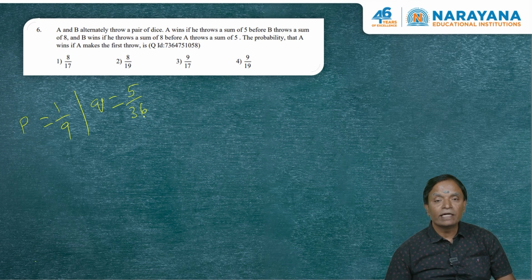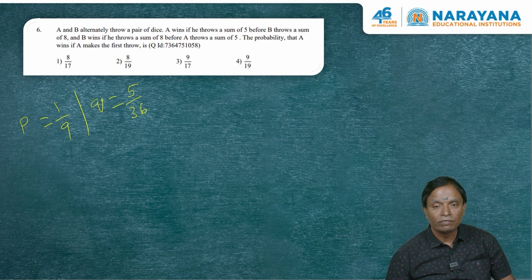Now, the probability that A wins if A makes the first throw: A will be getting the first chance, third chance, fifth chance, seventh chance, ninth chance, 11th chance, and so on. A can win in any throw, that is, in any chance he is getting.